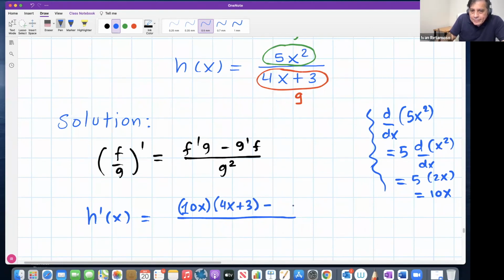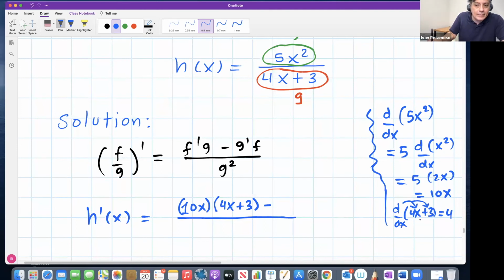Minus the derivative of g now. The derivative with respect to x of 4x plus 3: 4 comes out, the derivative of x is just 1, plus the derivative of the constant function 3, which is 0.